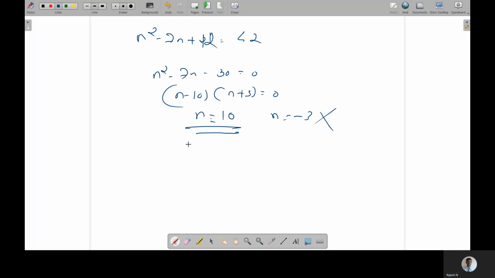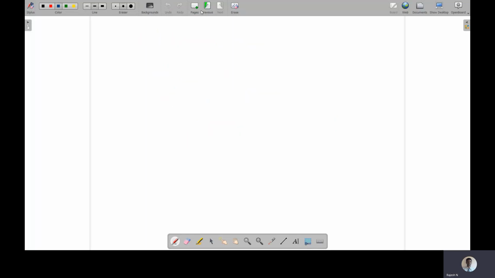Now next one. Find the value of n such that nP4 by (n minus 1)P4 is equal to 5 by 3. So nP4, how to write? n factorial by (n minus 4) factorial.